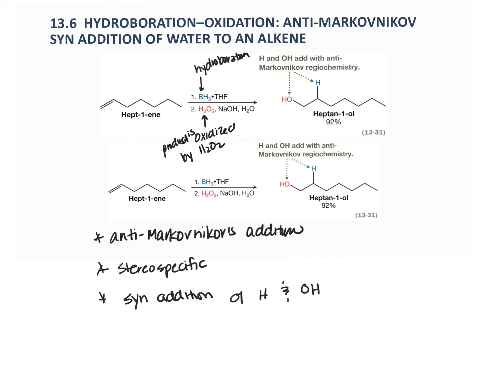I'm going to digress for just a little bit. I want to talk to you about heptan-1-ol that's being synthesized here. So if you're curious as to why we would be interested in synthesizing this, the product here is used in cardiac electrophysiology. And that just deals with understanding the electrical activities of the heart.